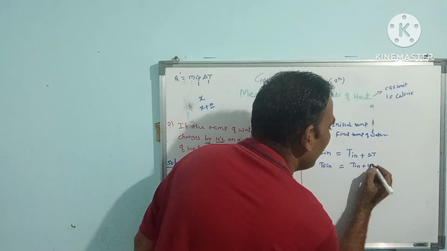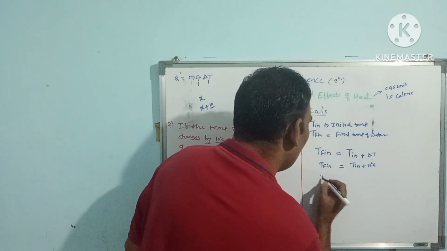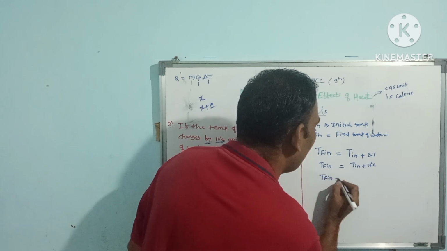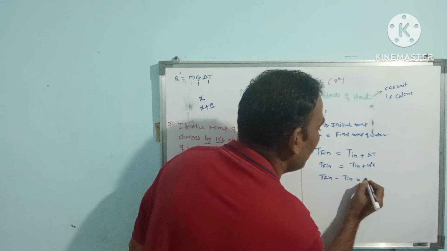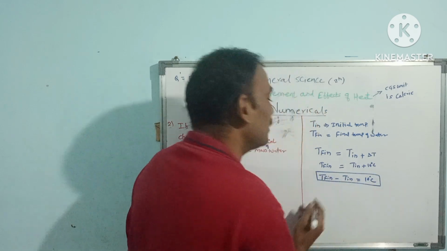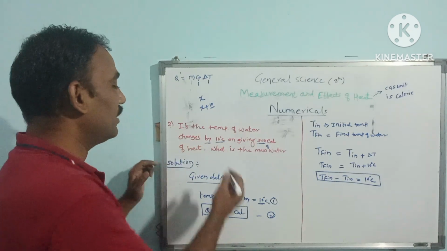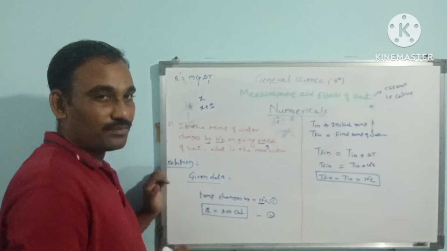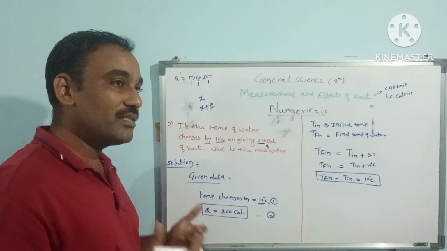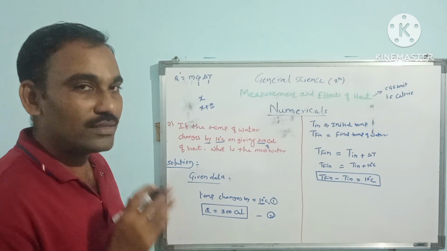Or we can write T final minus T initial is equal to 10 degrees Celsius. This is the temperature difference given. That's why I told you that the meaning of words is so important, and to understand these meanings, reading should be careful. That is the first step.